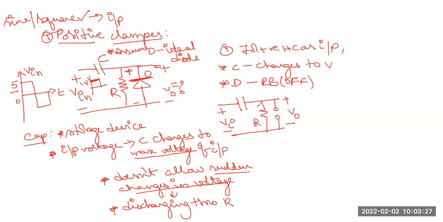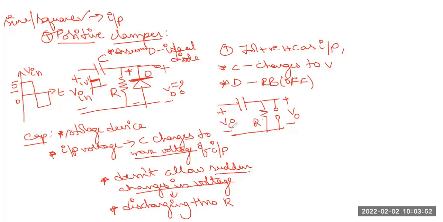Normally, we said output voltage is the voltage across R, right? But for me to know the voltage across R, I should know the current passing through R. Then only I can say V naught is equal to current into resistance. But here I don't have any information about the current, except that I find what are the different voltage levels that are existing. So V naught is the voltage across this R.